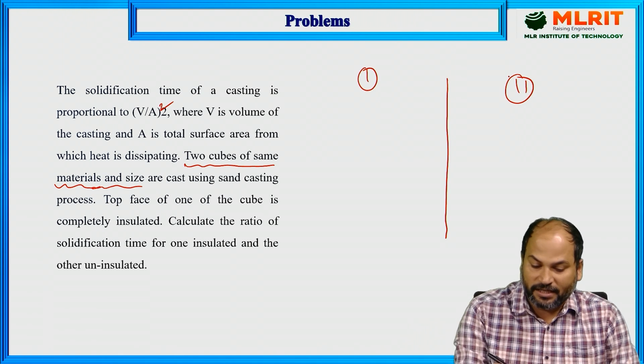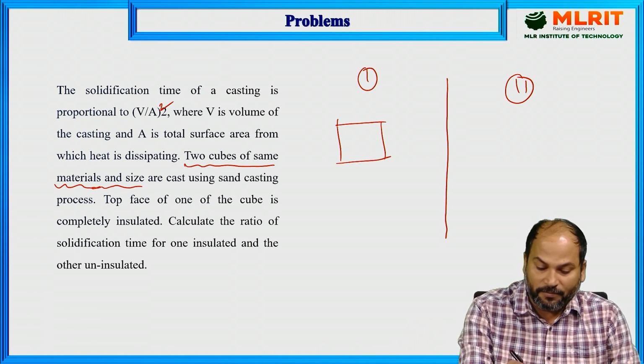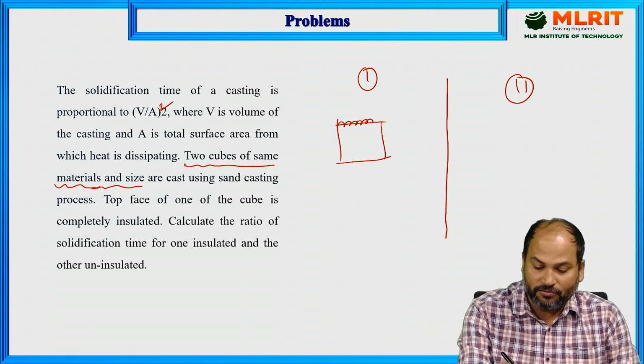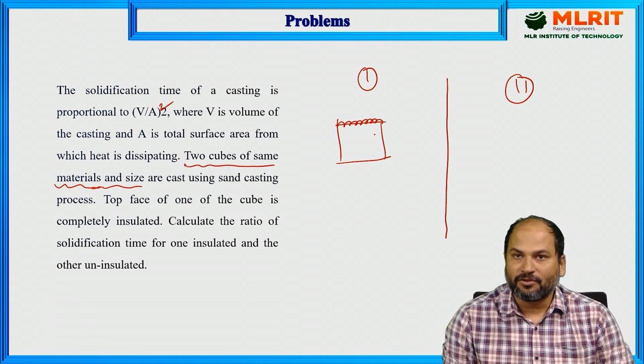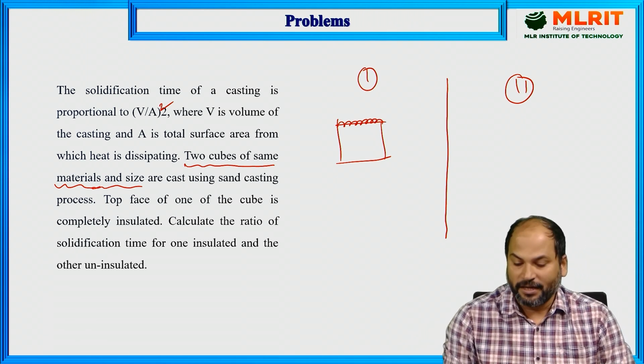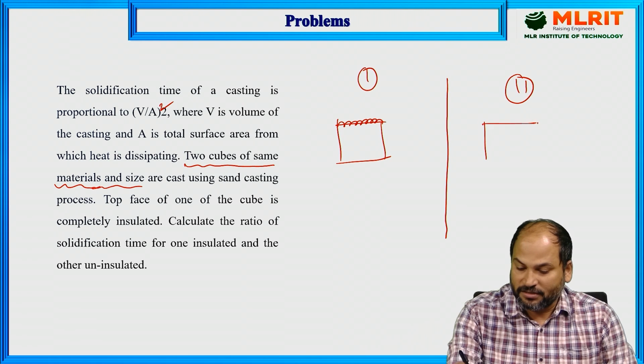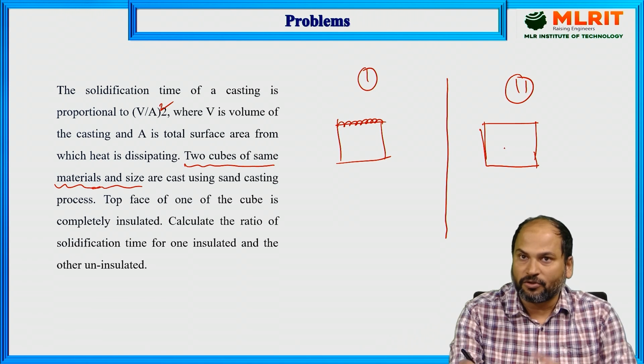So in the first case we have a cube in which one side or one part is insulated. Insulated means heat is not dissipating from that part, and another cube is there, where nothing is insulated. So all the 6 faces you can see: 1, 2, 3, 4, and this is the top and the back side.